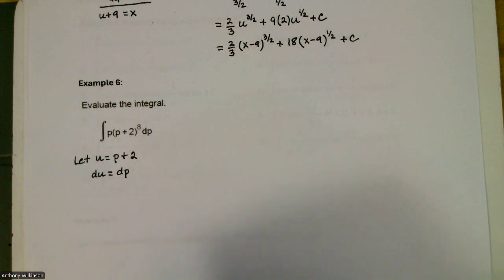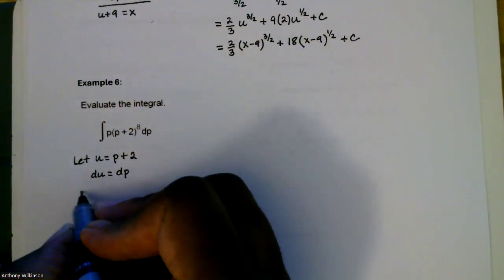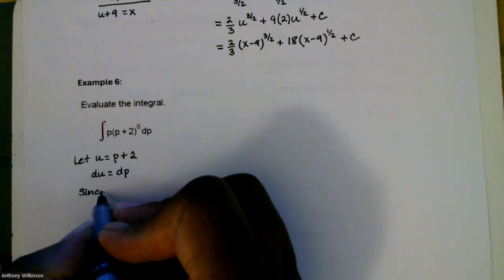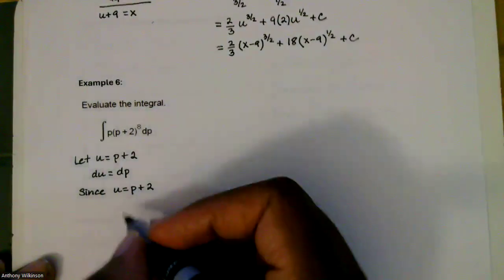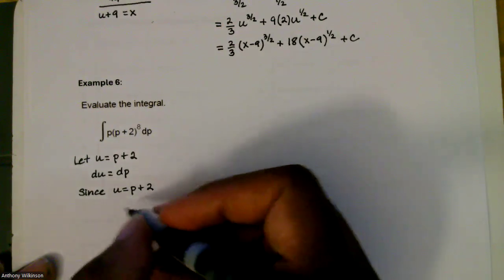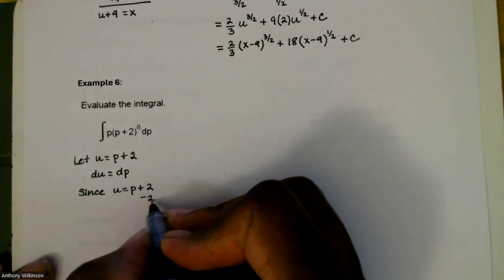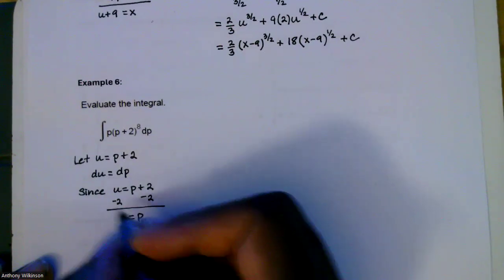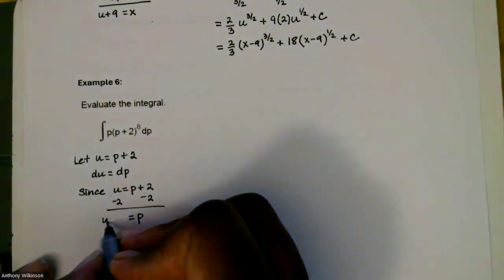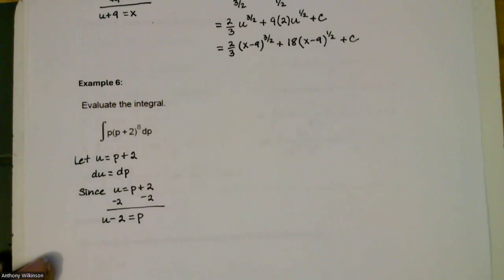So, since u is equal to p plus 2, I'm going to solve for p by subtracting 2 on both sides. So that means I'm going to have p is equal to u minus 2. So p is equal to u minus 2.